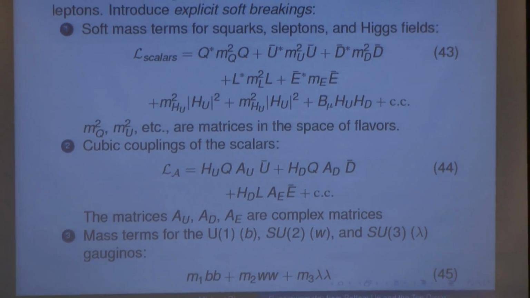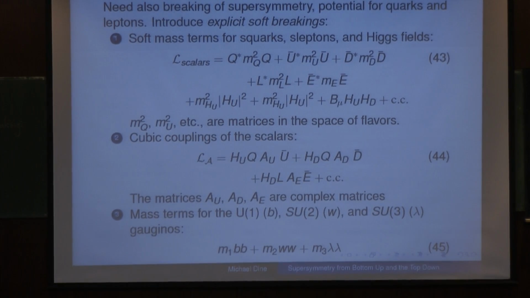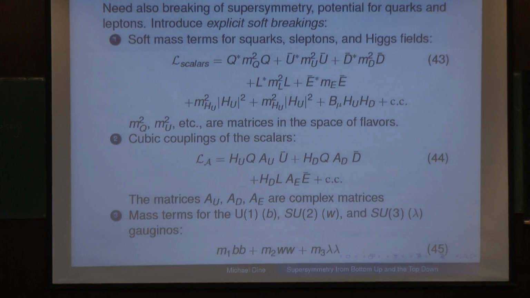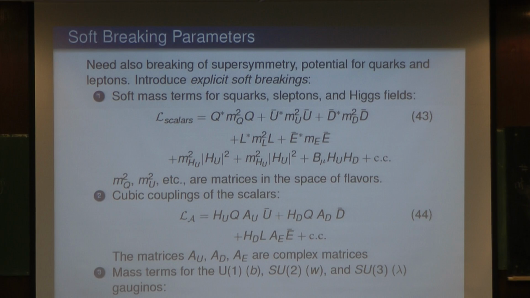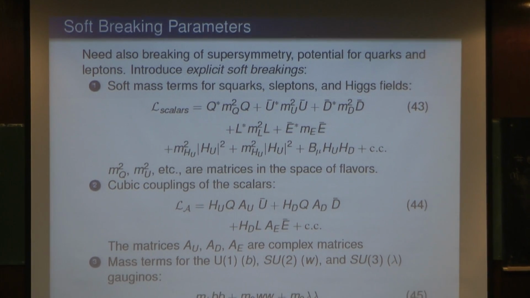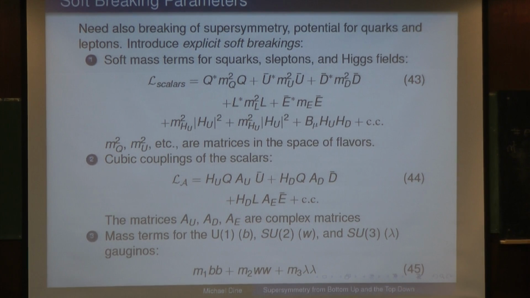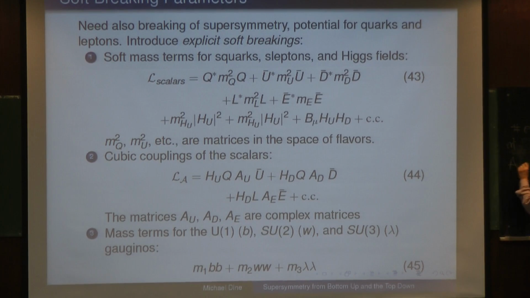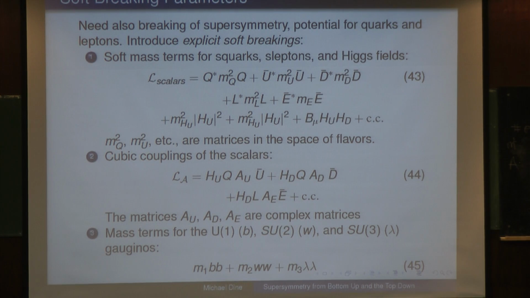I'm worried I'm counting wrong. Q, Hu, u bar; Q, Hd, d bar; yeah, that's all of them. H, d, L, e bar. So it's 18 times 3, so we have 54. I don't even have the excuse of jet lag. I should be able to count now.